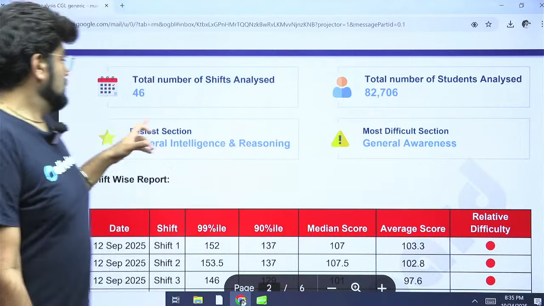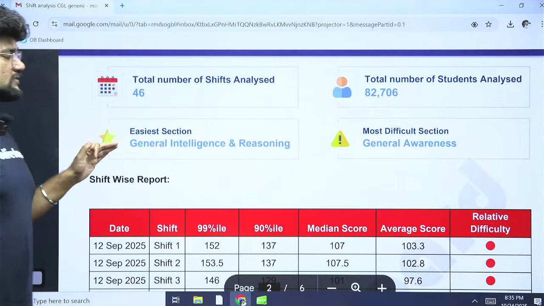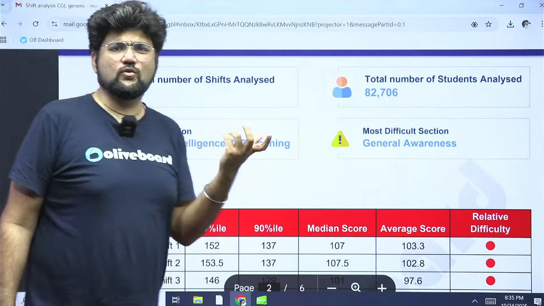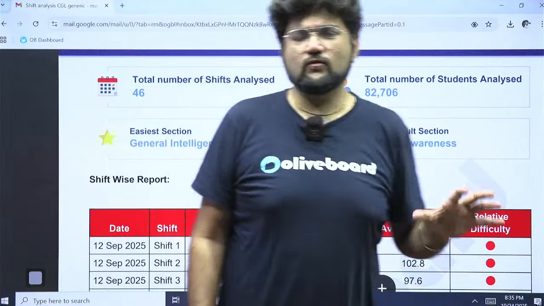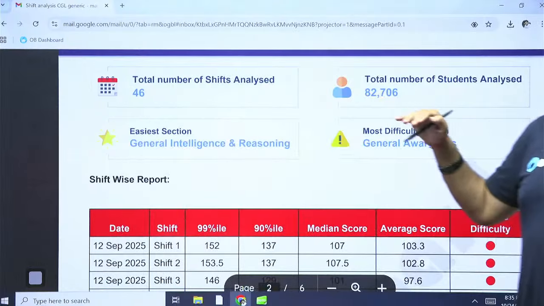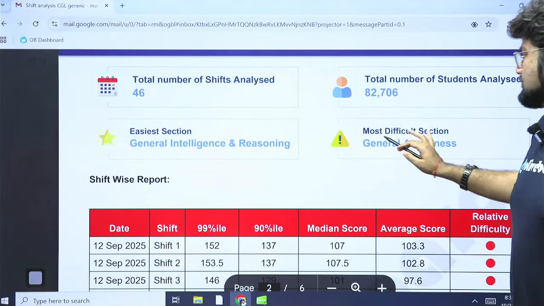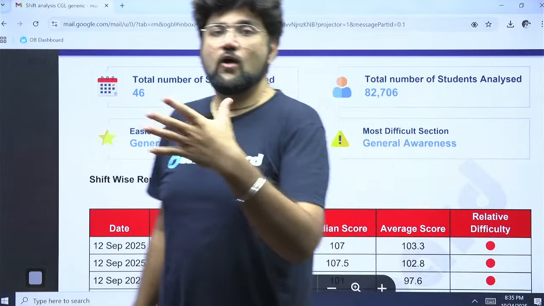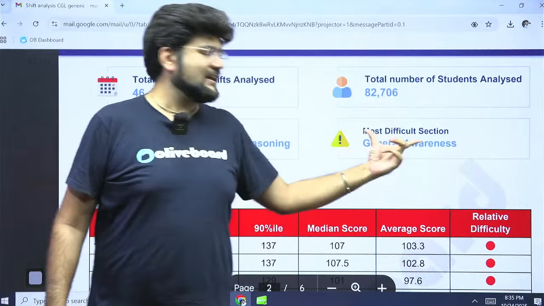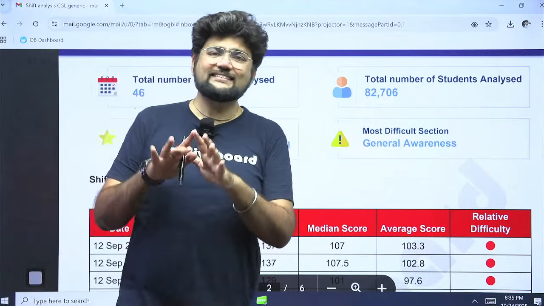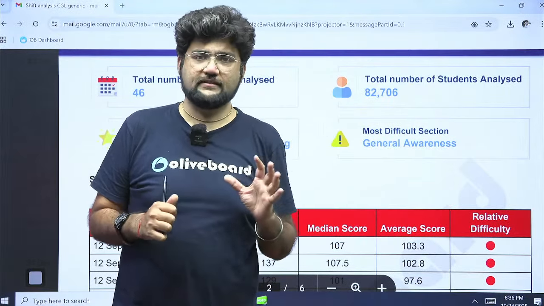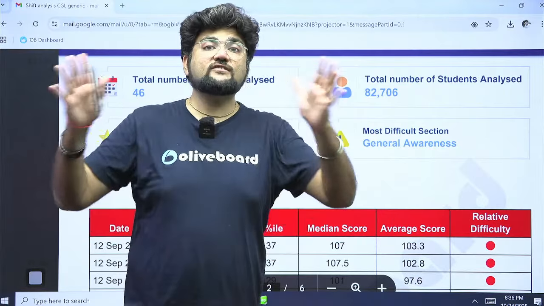The easiest section was found to be general intelligence and reasoning. I think we don't have any doubts about that. That was pretty much the unanimous voice everywhere. And the most difficult section came out to be general awareness. Now, my 2 cents here: general awareness definitely was difficult, but I think every student finds general awareness difficult every year, no matter what the competitive exam is, because of the vastness of the subject.